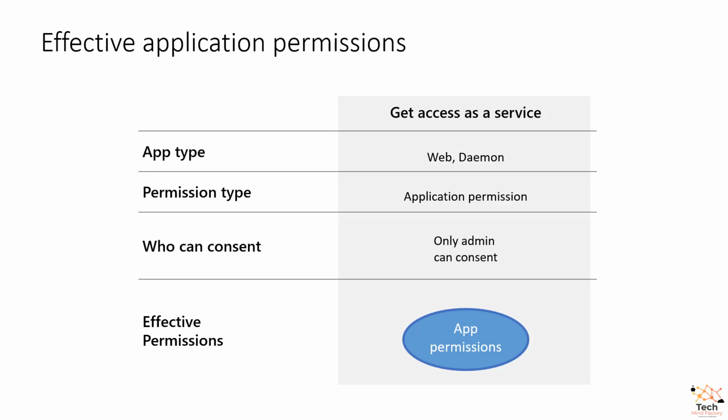When it comes to permission type, it's application permission. Who can consent? Only an admin can consent. Again, no user. And when it comes to effective permissions, those are just app permissions. So once they are granted by the administrator of the tenant, then the application can obtain tokens to call secure resources.